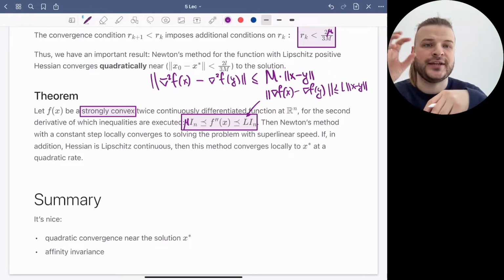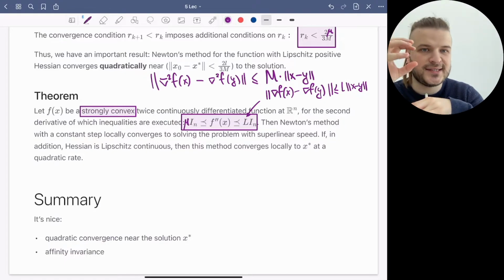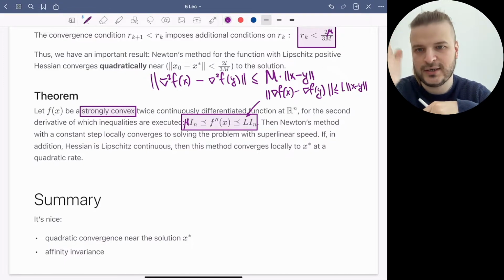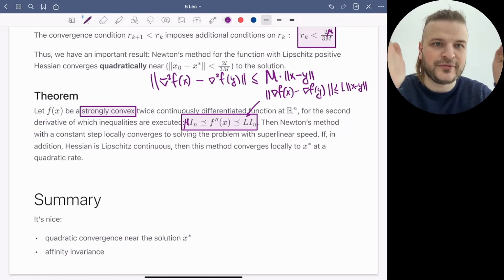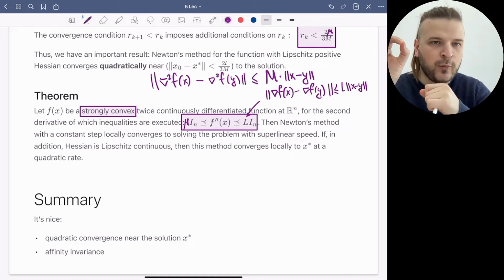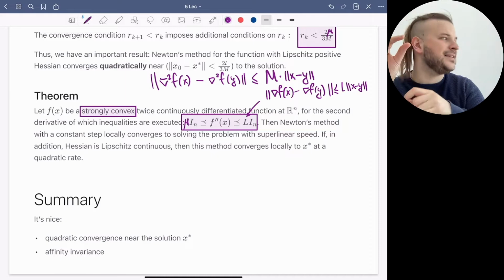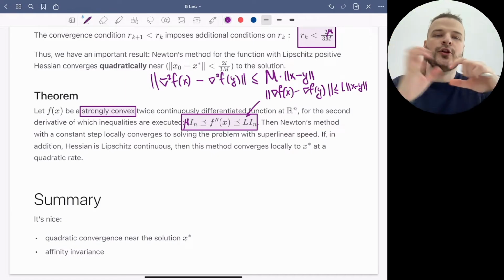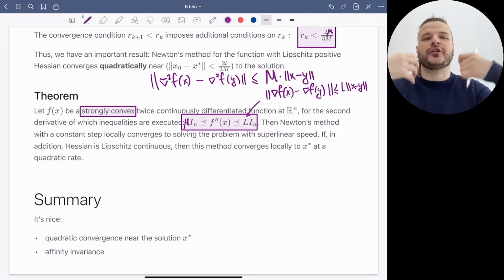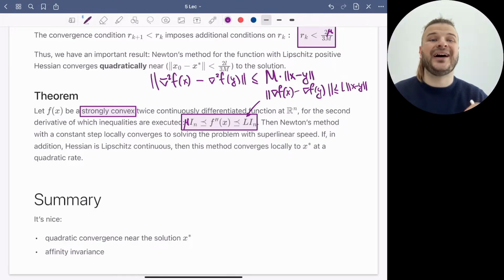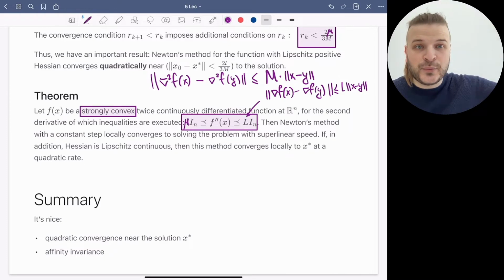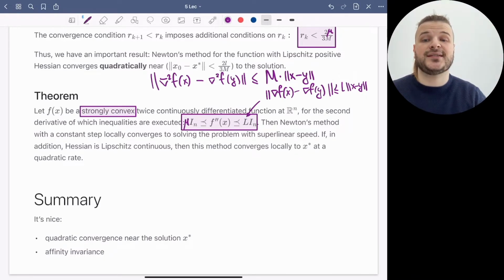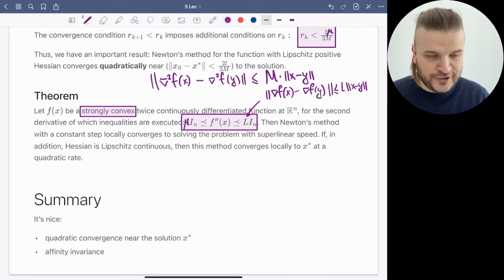You're running the Newton method in two spaces: one is the default Euclidean space with some starting point, and the second is the space after some affine transformation. Your Hessian and your gradient will also be transformed, but the function value sequence will be the same. That's what is called affine invariance.